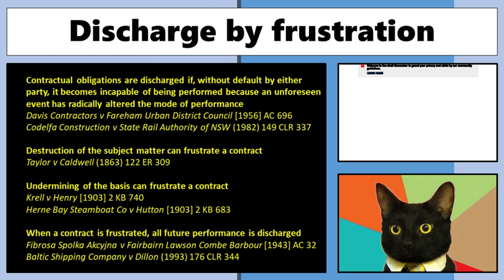Either way, it got put off for a few months, and so the courts talked about whether these contracts were frustrated or not. And they said that undermining the fundamental basis of the contract can frustrate a contract, but it only applies if you didn't map it out in advance.